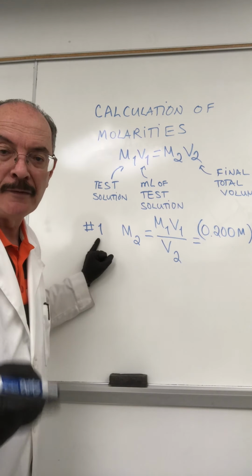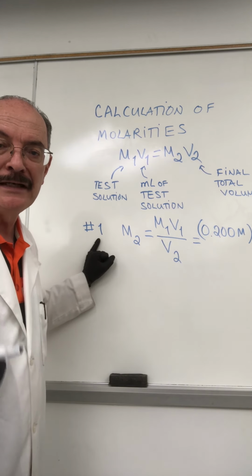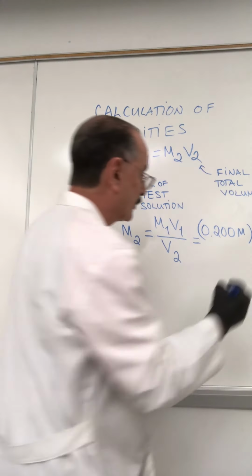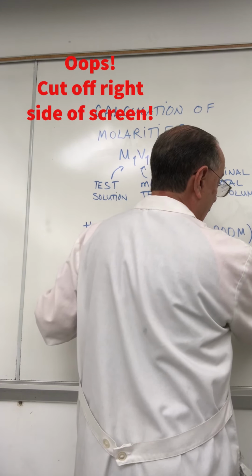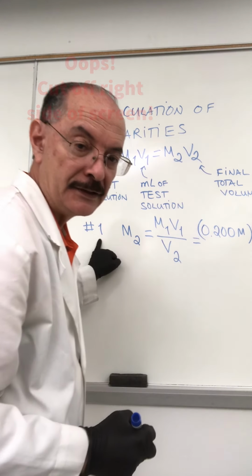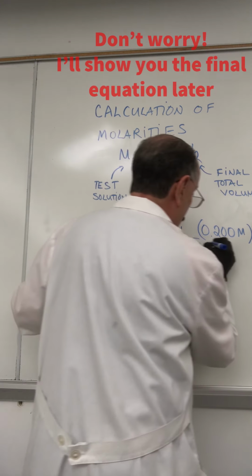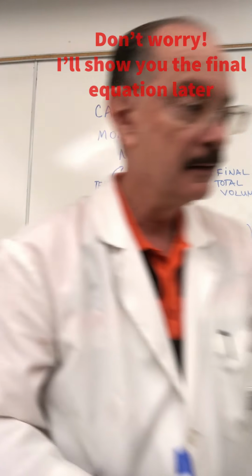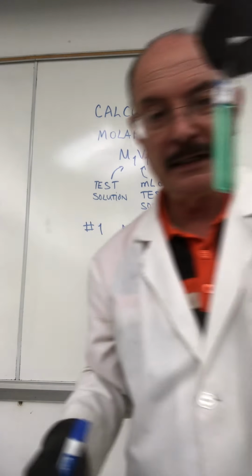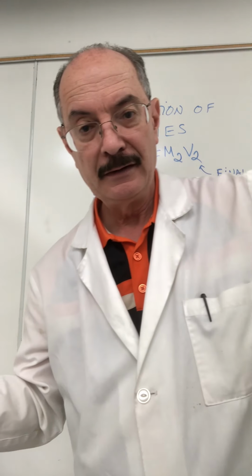For test tube number 1, remember the number tells you how many milliliters of test solution you put in, so that was 1.00 milliliters. Your final volume is what you ended up having in the whole test tube.